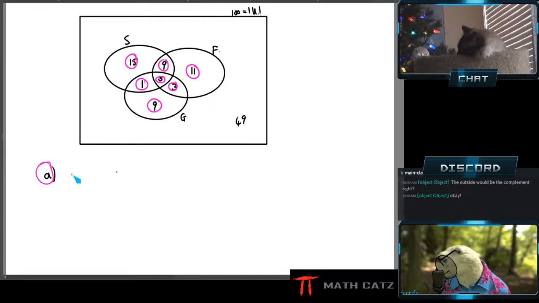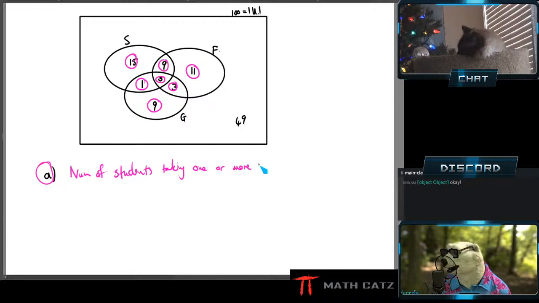Oh, good. So then I could say here, number of students taking one or more is going to be 15 plus 9 plus 11 plus 1 plus 3 plus 9, we already know it's 51 based on what we've done here.